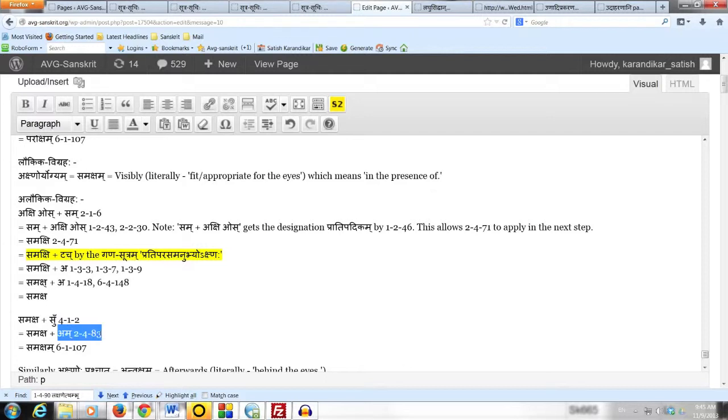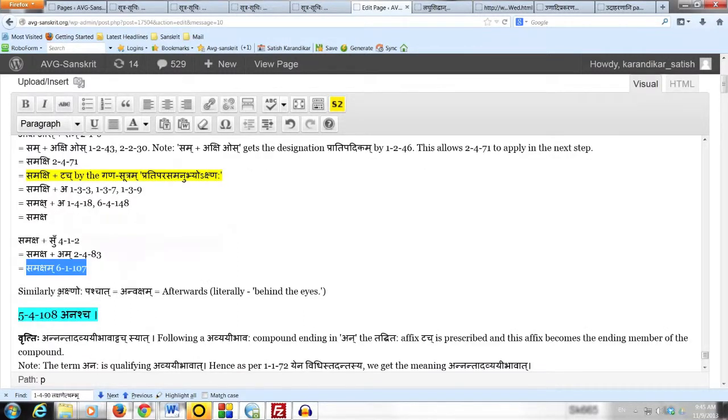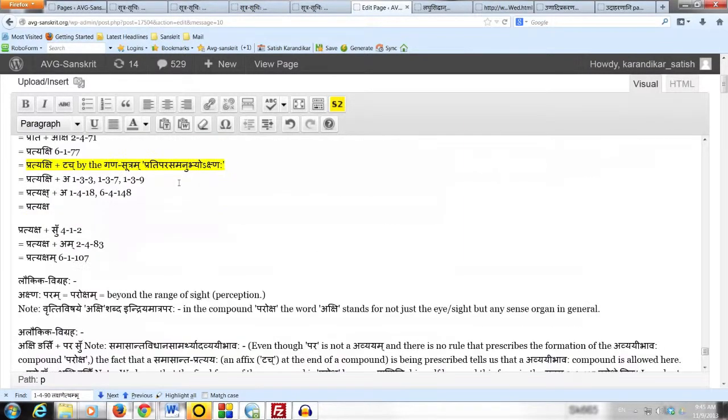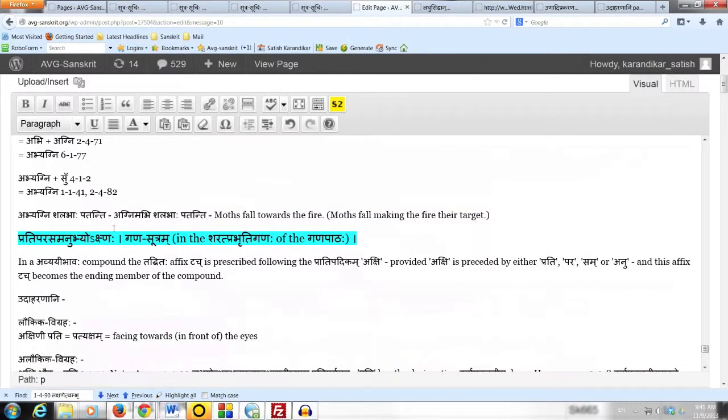Then amipurvaha 6-1-107 gives us the final form samaksham. Similarly, akshnoho paschat equals anvaksham, meaning afterwards, literally behind the eyes. We apply the same Gana Sutram prati para samanubhyokshnaha to bring in the samasanta pratyaya touch, because anu is mentioned in the Gana Sutram.